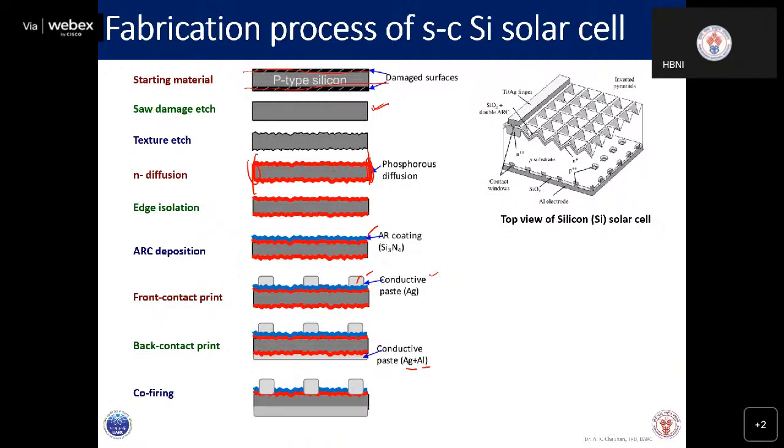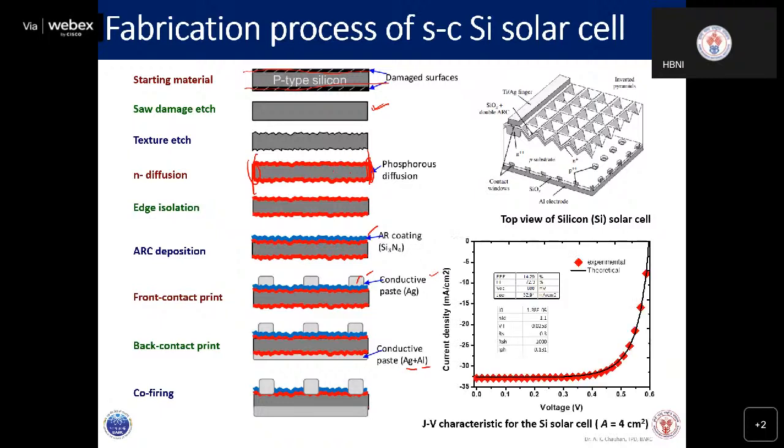So this is a typical view. You have the SiO2 layer, then the aluminum electrode, and then the texture of the top surface. Usually most of these silicon solar cells follow this IV curve, because the band gap is very precise and the fabrication process is also very standard.